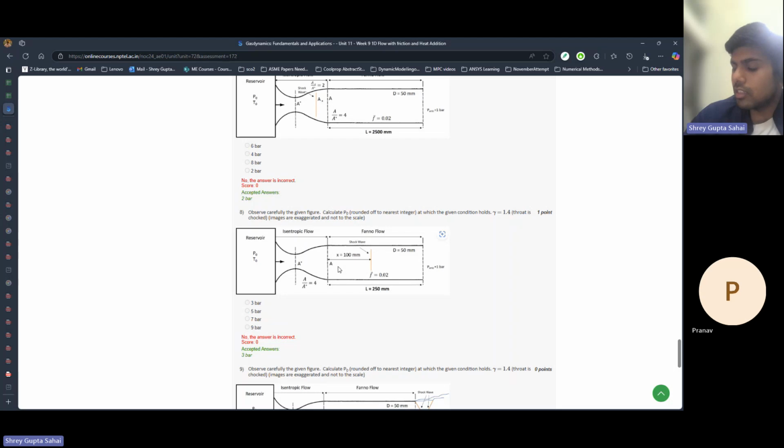This is 0.04, right? f delta L by D is 0.04.